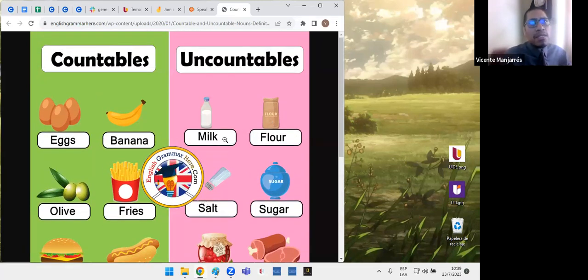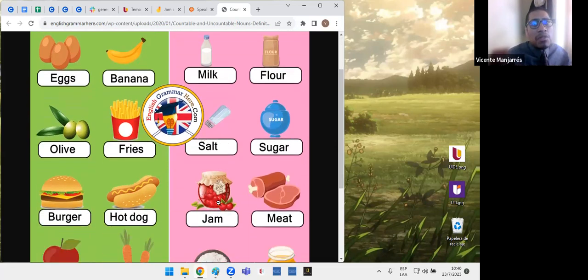For example, liquids, like milk. You cannot really count or realize when one, I don't know, molecule of milk starts and finishes, so the next starts and finishes, because they are liquids, so they are not units. Or for example, grains of salt, they are too small, too tiny to count one by one, so it's uncountable.